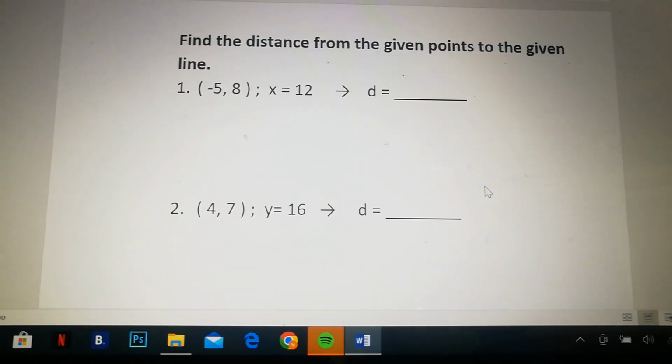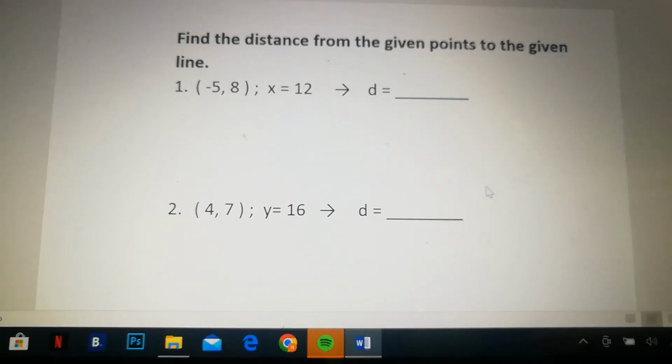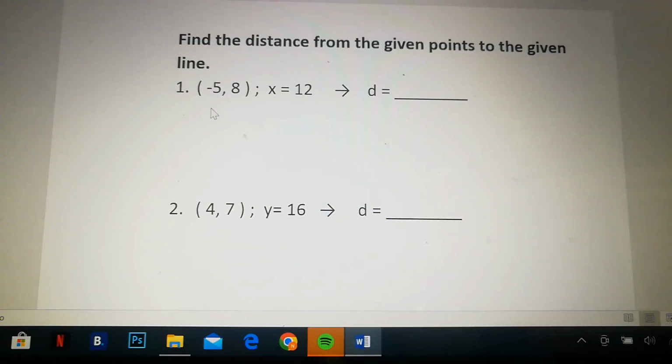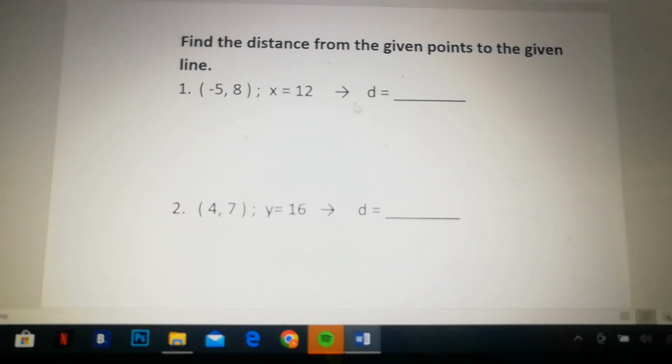Next, find the distance from the given points to the given line. The given point here is negative 5, 8 and x is equal to 12.